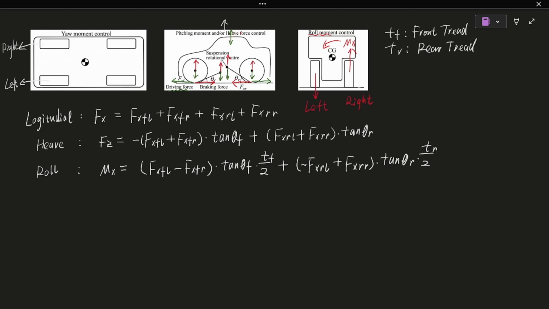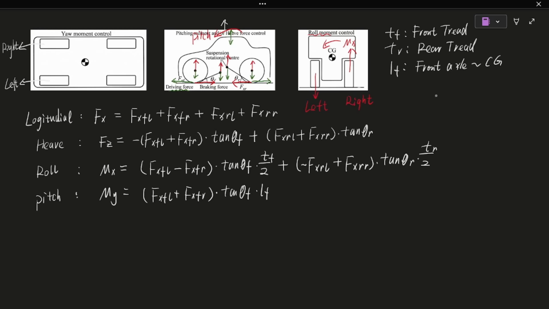Now, let's check the pitch control equation. Let's assume a forward dive. My equals: the front axle needs a downward force, so the front longitudinal force is positive. Multiply by tan theta F. Then multiply by Lf. Here, Lf is the distance from the front axle to the CG.